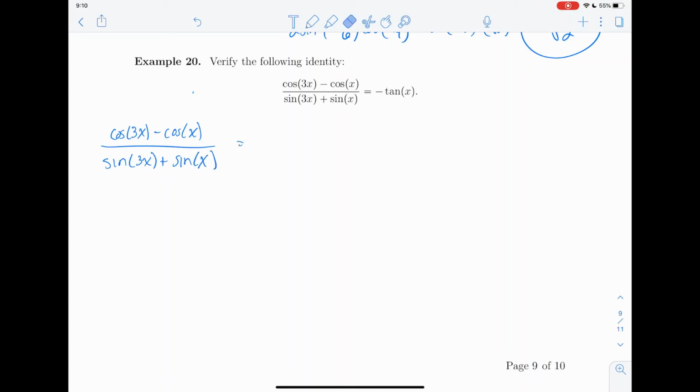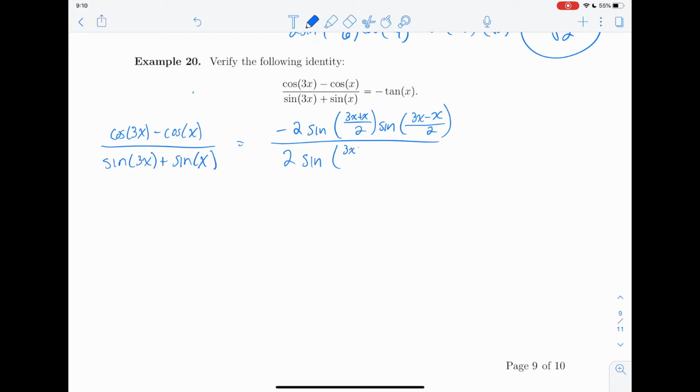That's going to be equal to negative 2 sine of the sum over 2. So that's going to be 3x plus x over 2 times the sine of the difference over 2, 3x minus x over 2, all over the sum of the sines, which is going to be 2 times sine cosine.